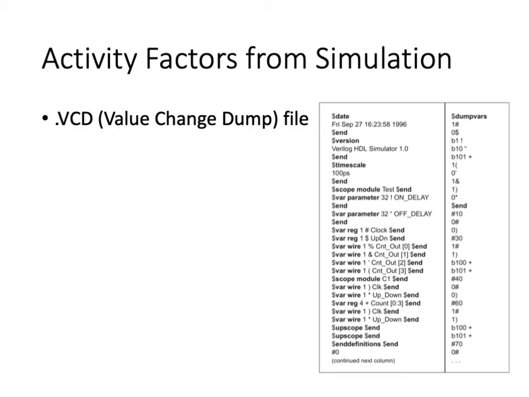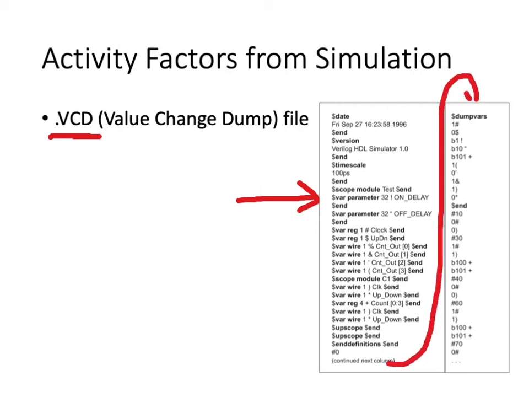Typically all these results are dumped, stored in a file called the .vcd file, where VCD stands for value change dump. This table on the right shows the format of the VCD file. Typically the VCD file is an ASCII text file, and here the text file is broken up into two columns, but basically it's one continuous ASCII text file.